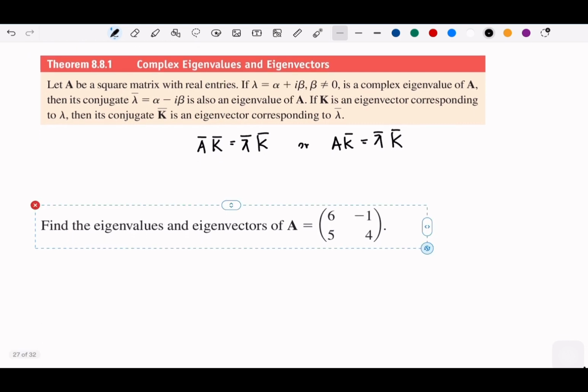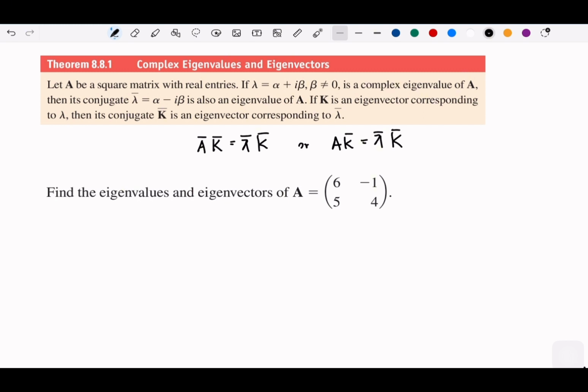Okay, now for this one, we can write the determinant of A minus lambda I: 6 minus lambda, 5, negative 1, 4 minus lambda.